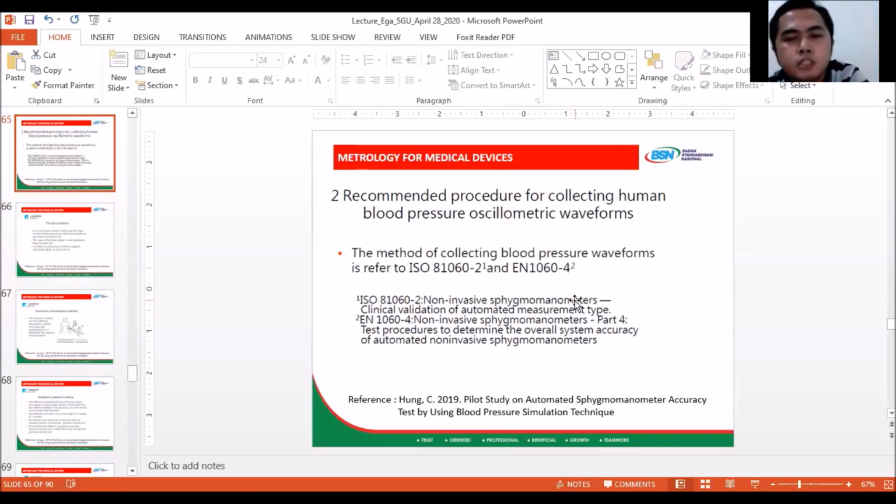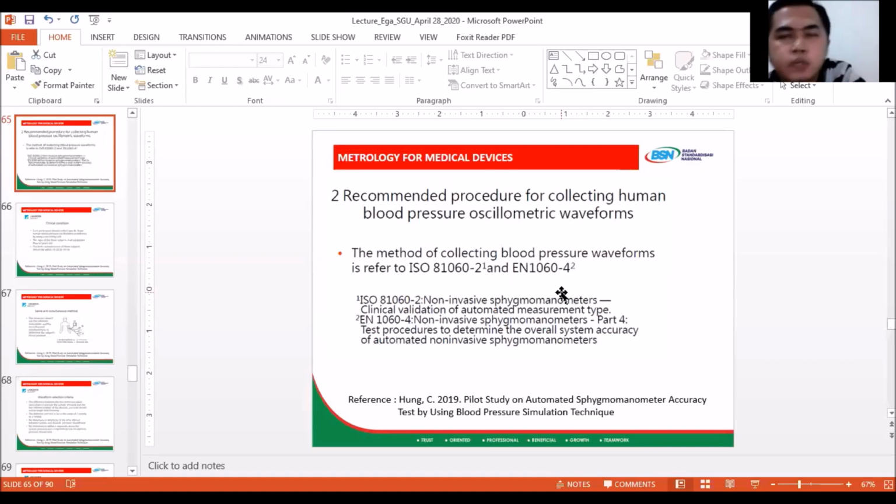The author of this ISO itself should have based it on scientific research. There is a lot of scientific research related to clinical validation. I cannot mention it one by one. Maybe you can refer to this ISO and look at the references. The scientific research should be stated in there.